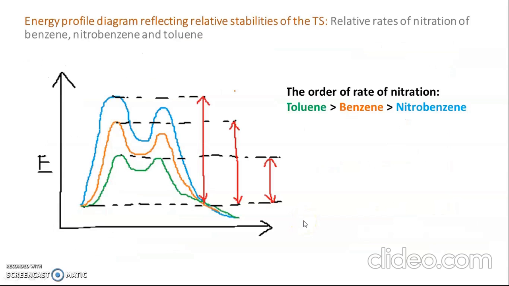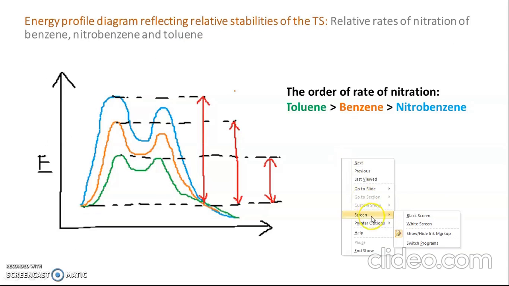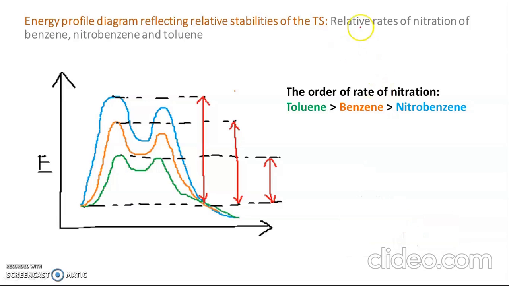Next we will see the energy profile diagram reflecting the relative stabilities of transition states of different types of reaction. Now what are the different types of reaction? Actually the reaction is the same. We are doing only nitration, but our starting material is different. Suppose we have taken toluene, benzene and nitrobenzene.